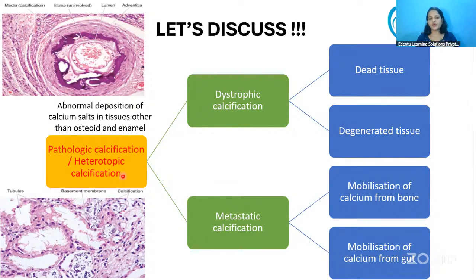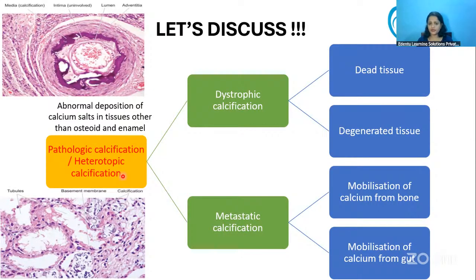So the calcium salts are getting accumulated in soft tissues other than the osteoid and teeth. Now there are 2 types of pathological calcification. One is dystrophic and the other one is metastatic.